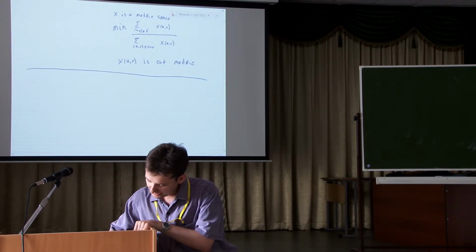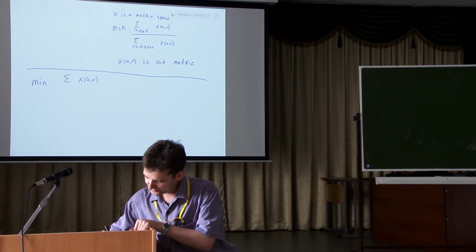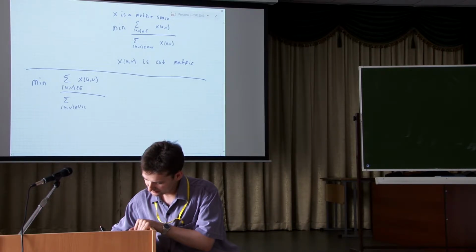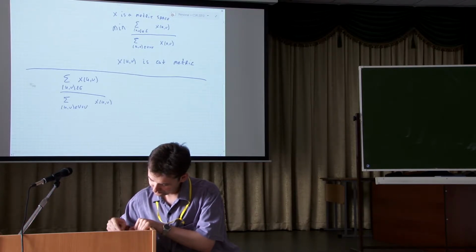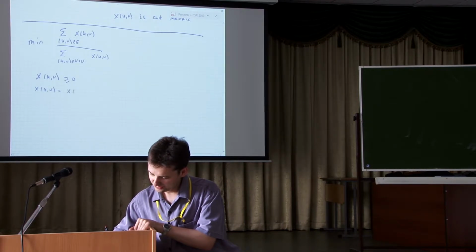So what we will have: we want to minimize again the sum of x_uv divided by the sum over all pairs, and we will have conditions that x_uv is non-negative, x_uv equals x_vu.